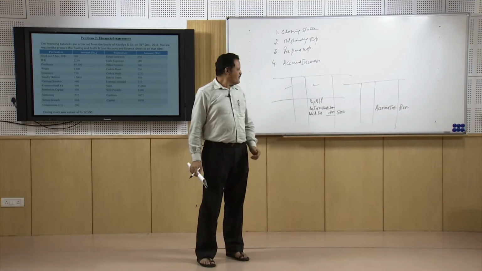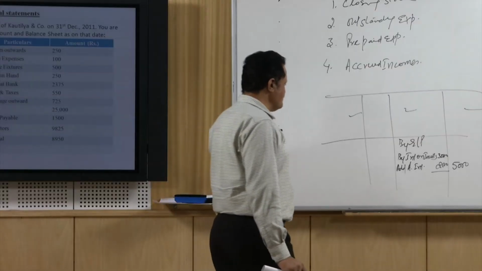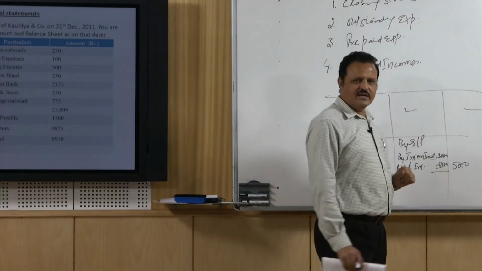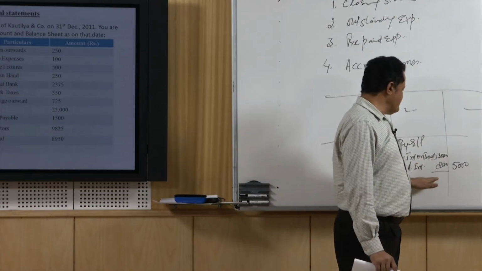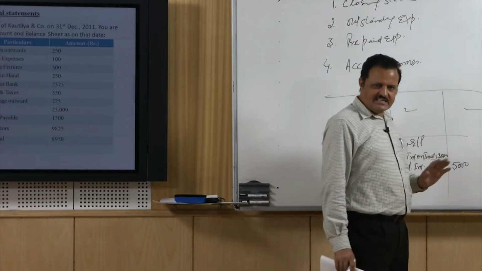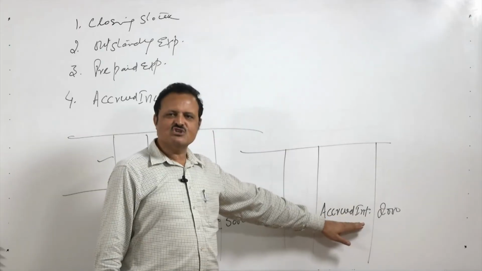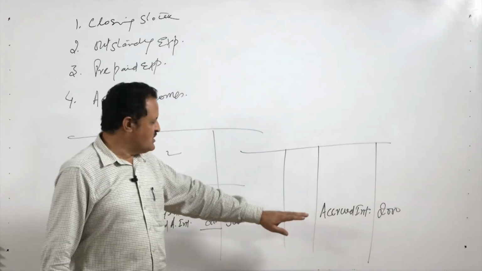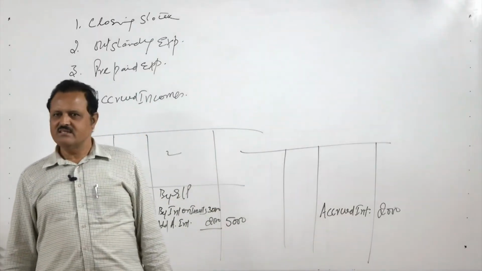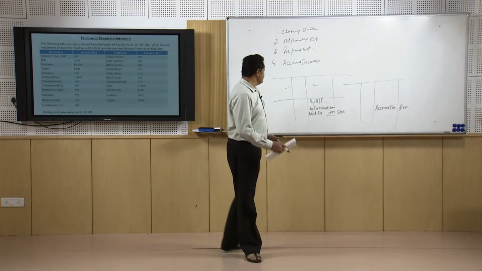This is the second treatment of this item, the accrued incomes. One effect is in the profit and loss account, adding into the existing head of incomes, and the second effect is that the part which has been earned but not yet received will be shown as an asset in the balance sheet.